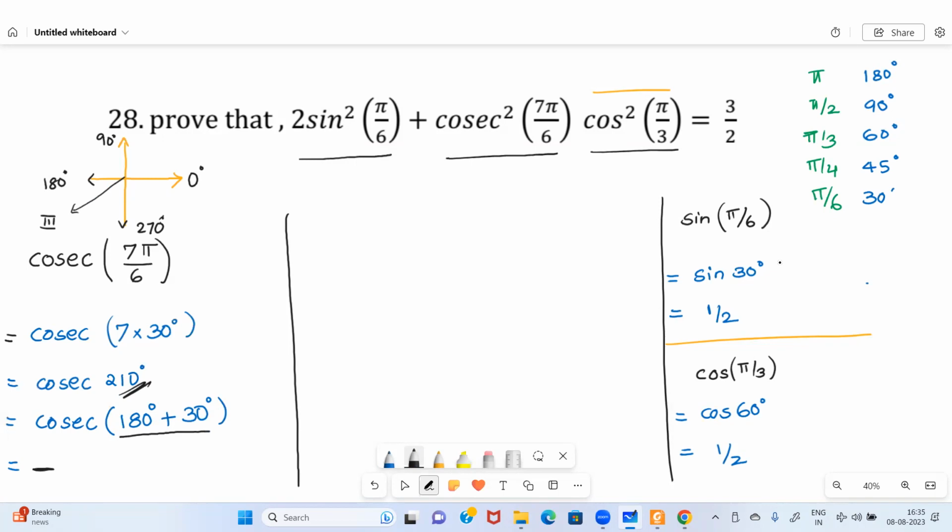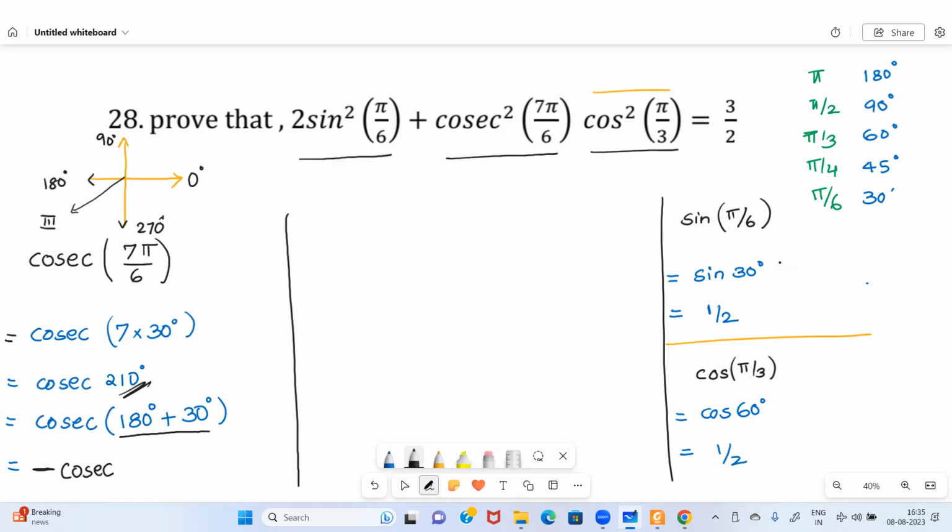So the moment you see 180 plus theta, you know that it is in the third quadrant. Cosecant will be negative. And I have also told you one more thing. If it is 180 plus or minus theta, or 360 plus or minus theta, you don't have to change the trigonometric ratio. Trigonometric ratio will remain same. So it will remain cosecant itself. If it was 90 plus or minus theta or 270 plus or minus theta, it would change to co-ratio.